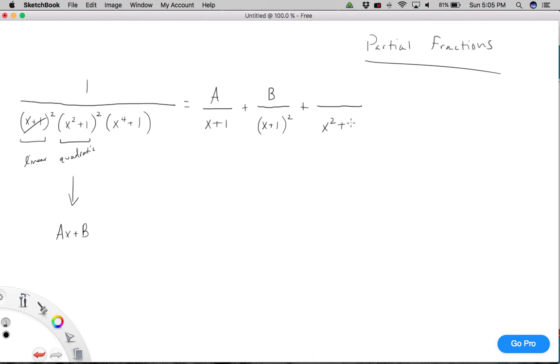So for x squared plus 1, you need an x term and a constant. So that's going to be a cx plus d. And then because there's a multiplicity of 2, we have to include the x squared plus 1 squared term, and that's going to be 2 more constants, right? We need an x term plus a constant.